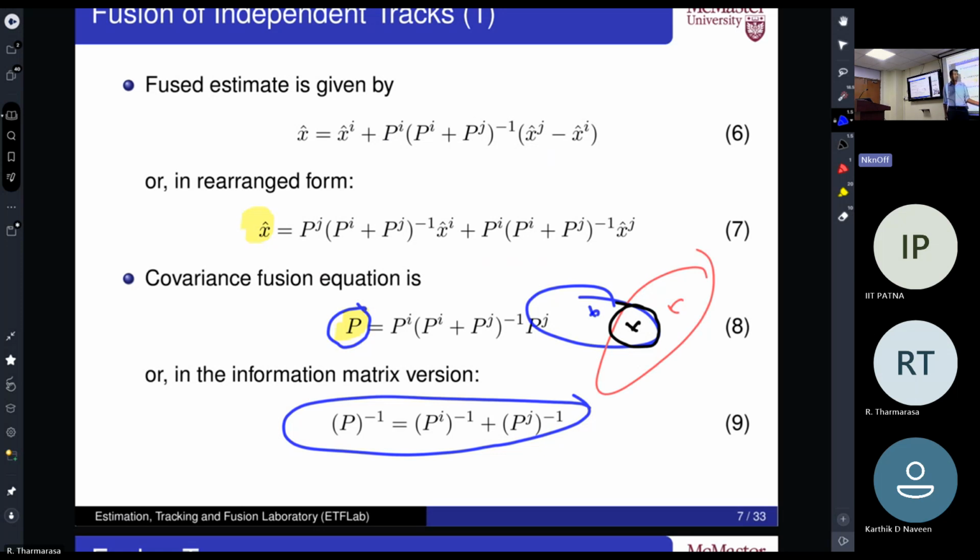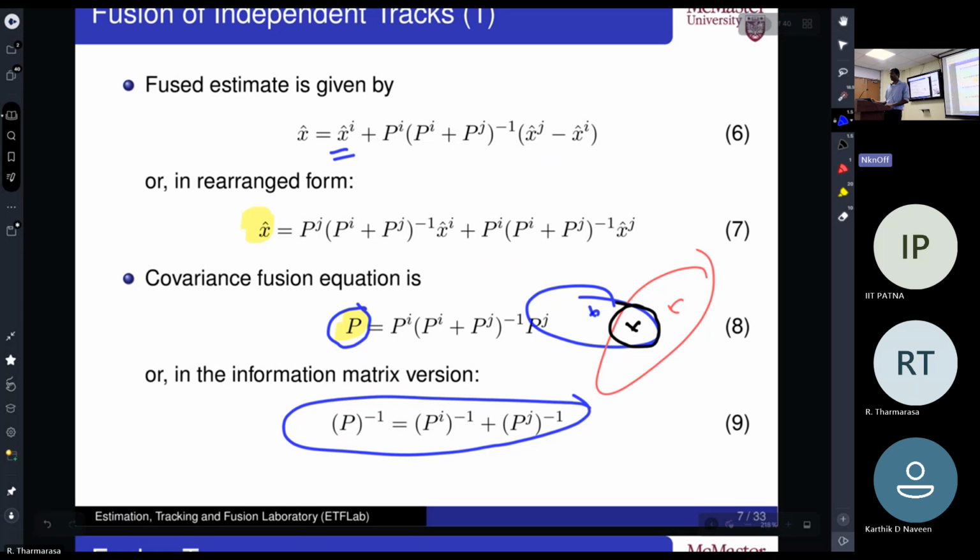You add, that's the total information. You take an inverse, that gives the covariance. But this is true only if these two measurements are independent. If there's a correlation, then this is optimistic. Anyway, this is the equation you would follow for the updated covariance for the state.